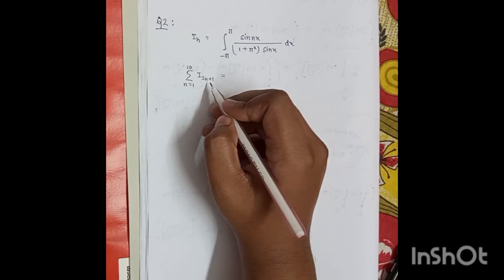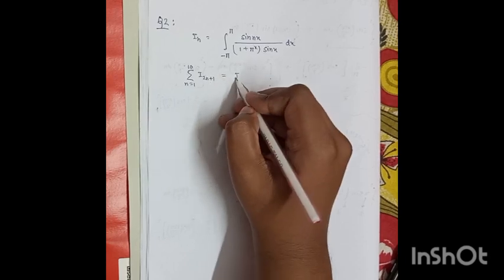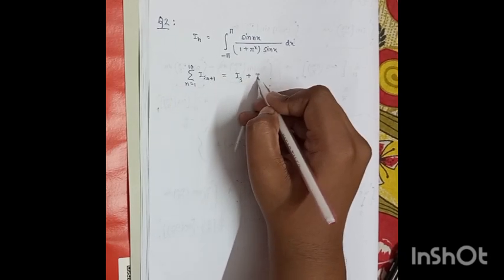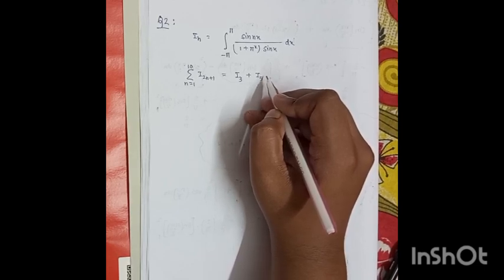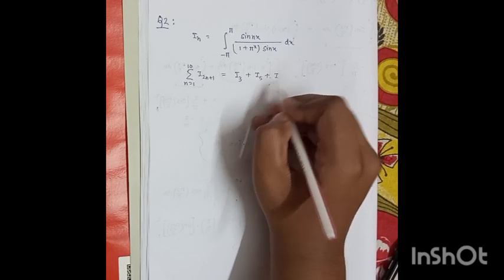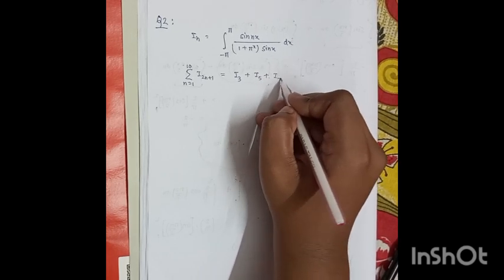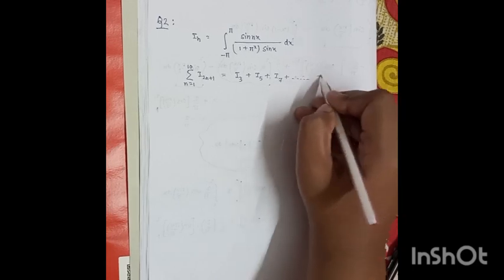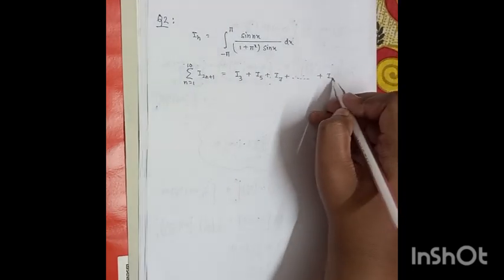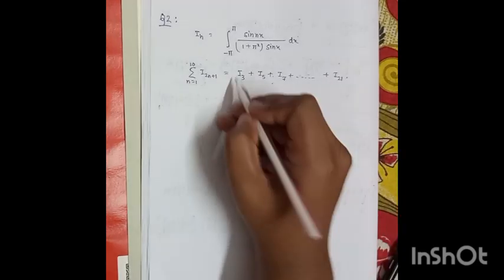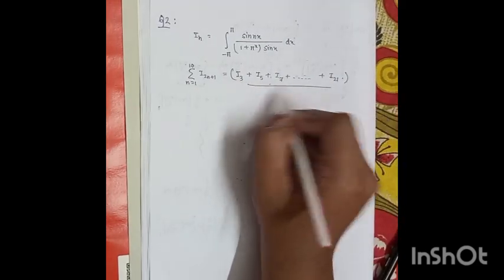If we put n equal to 1, then it becomes I3, plus simultaneously if we put n equal to 2, 3, 4, 5, 6 up to 10, then we will get I3 plus I5 plus I7 plus so on up to, if we put n equal to 10, I21. So we are basically asked to find this value.